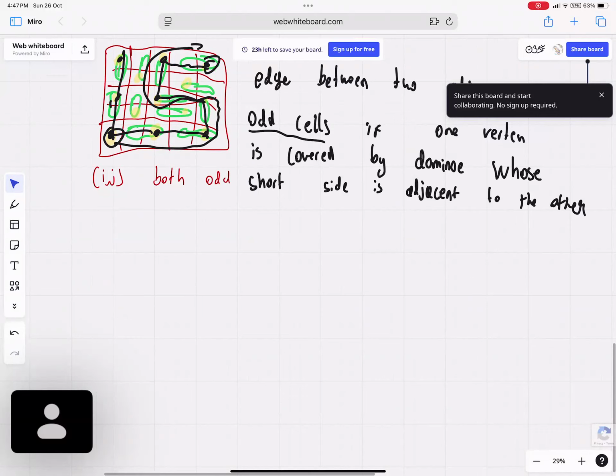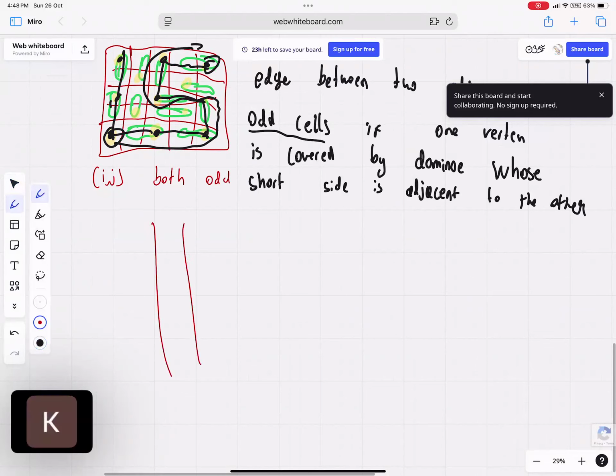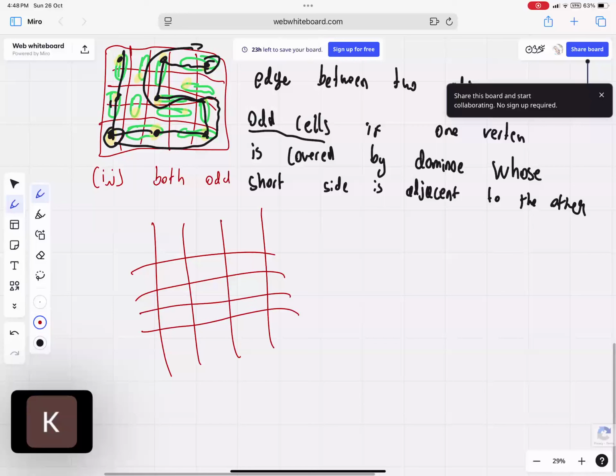So you just say some cycle exists. Let me draw out something. If there is a cycle, then each vertex in that cycle would have an even degree. What's wrong about that?